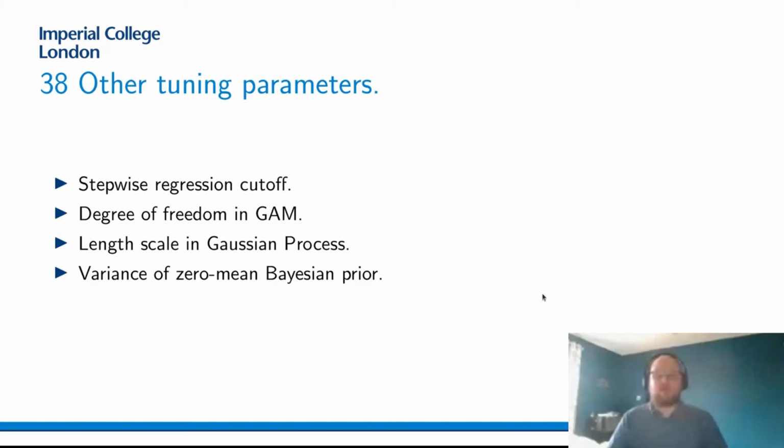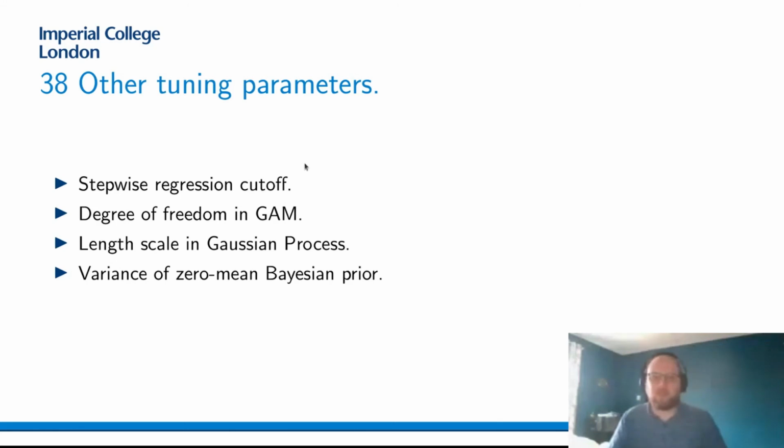We can think of a bunch of other tuning parameters that some of you will know from other bits of statistics you've learned through the years. In stepwise regression, for people that don't know, you fit a model with lots of covariates, and then any covariate that is non-significant, say by its p-value, you drop and then refit the model without it.